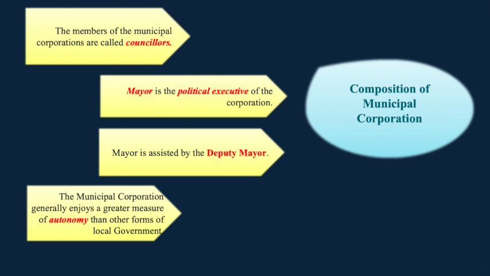Under the mayor, there will be a deputy mayor, and the mayor is assisted by the deputy mayor. They are actually the functional head, the first citizen of the city. This is the election of ward members, how they are electing the mayors and deputy mayors.